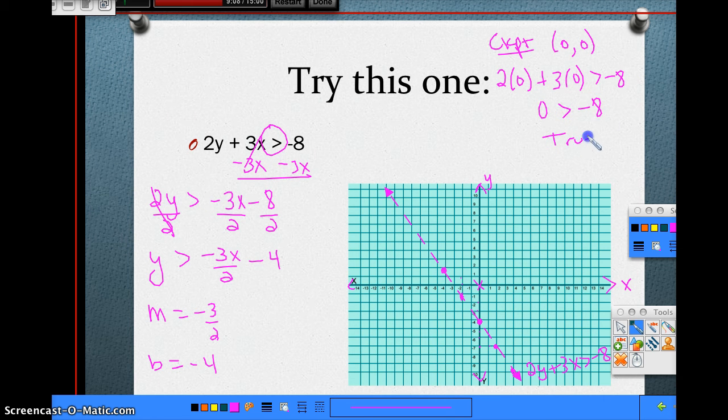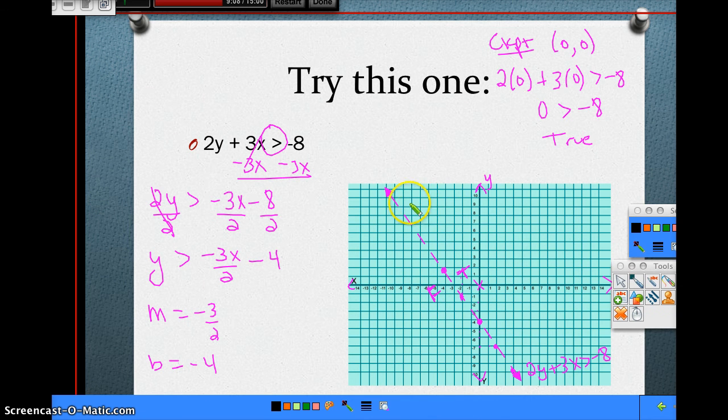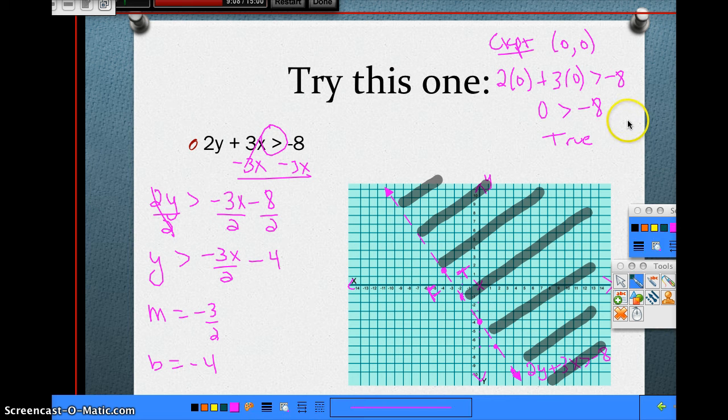That's true. So therefore, my 0, 0, which is on this side of the line, is true. The other side of the line is the false side. So that means, don't forget, always shade the true side. Try not to get carried away with coloring in when you shade, because it sometimes ends up becoming too sloppy to look at.